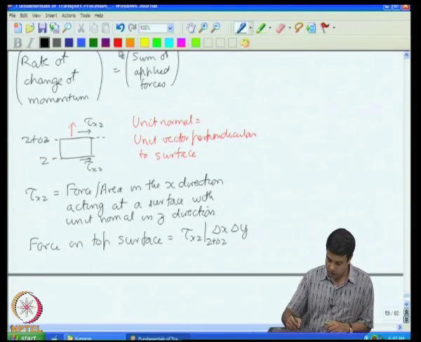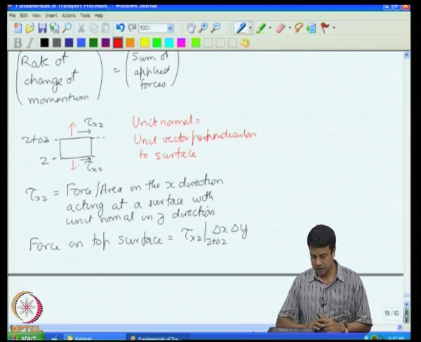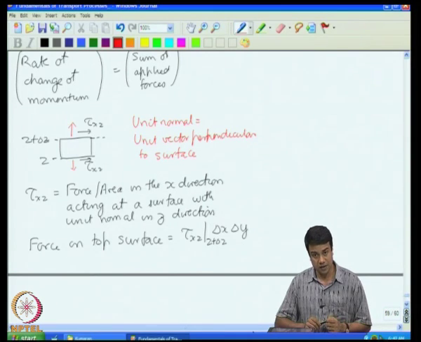Now, if you look at the bottom surface, the unit normal is in the minus z direction. Tau x z was defined as the force per unit area in the x direction acting at a surface whose unit normal is in the plus z direction. If the unit normal is in the minus z direction, the force will be opposite.